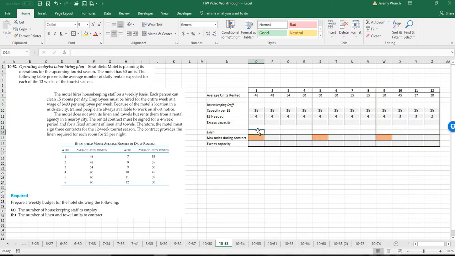If we hired 4 employees, that means they can actually cover 4 times 15, so that's 60 rooms, but we only need 46. So let's calculate what our excess capacity is. That's just going to be the employees times their room capacity, what they're able to clean, and subtract out what we need them to clean.